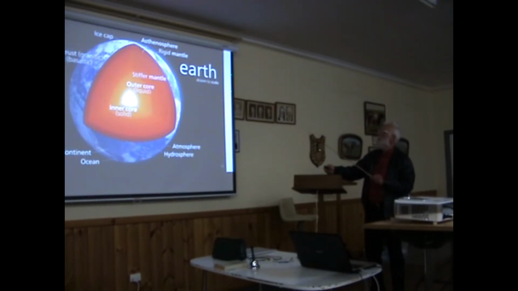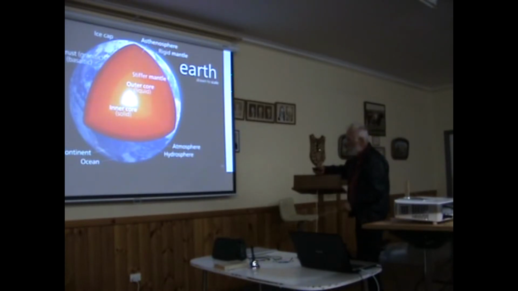Then it's mainly iron inside the Earth, and it's liquid, molten iron, except right in the middle, where the pressure from all the surrounding liquid iron is so great that even though it's a very high temperature, it remains a solid. It needs to be much hotter still to become liquid.